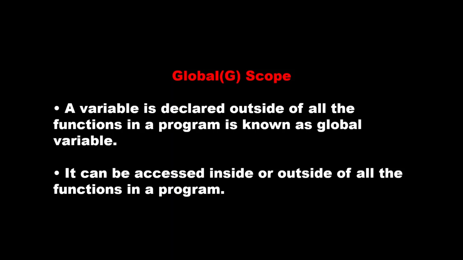The speciality of a global scope variable is that it can be accessed by its own functions or classes and by the other functions and classes in a program. Anybody can access it. That is the speciality of a global scope variable.